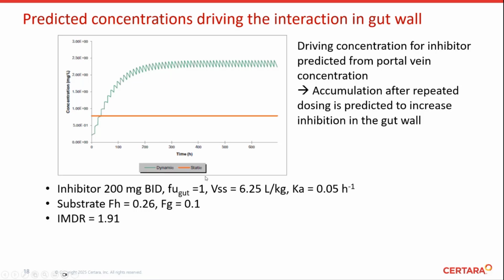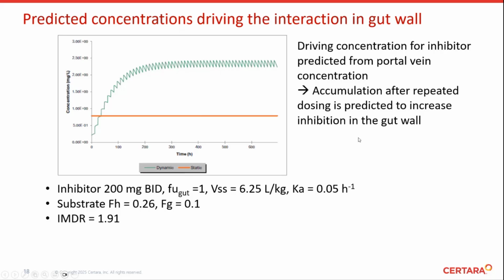As I mentioned earlier, the static model is predicting the gut wall inhibitor concentration just from the dose, absorption rate and fraction absorbed, and it's not taking into account that accumulation of the inhibitor in the body could actually increase the inhibitor concentration in the gut wall.